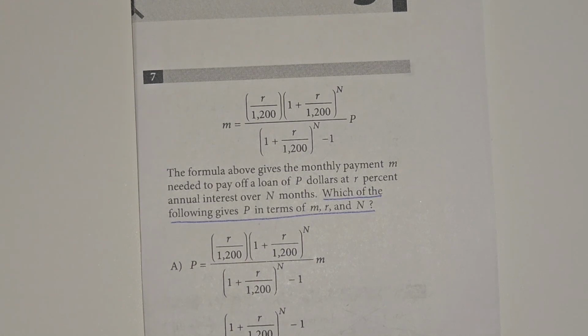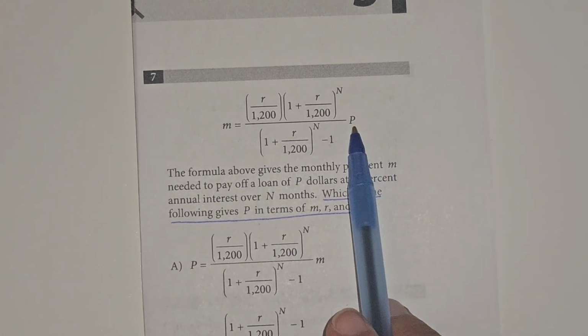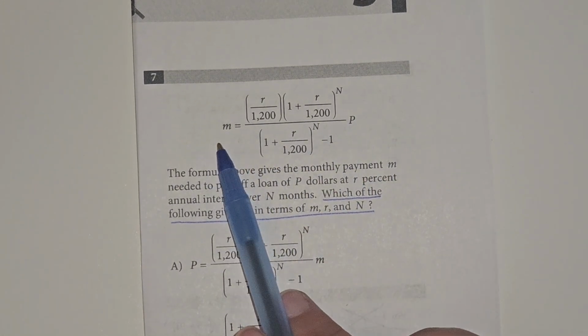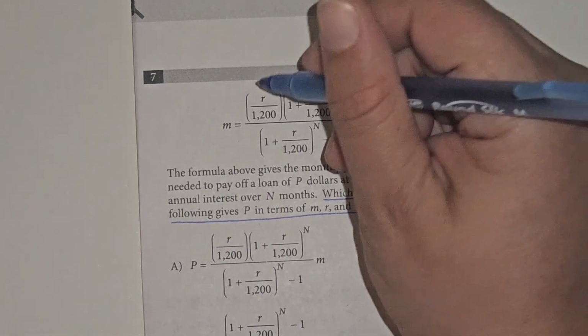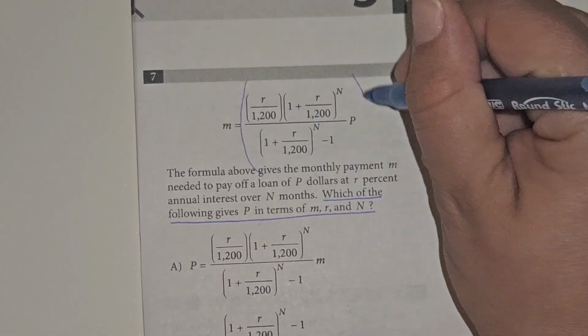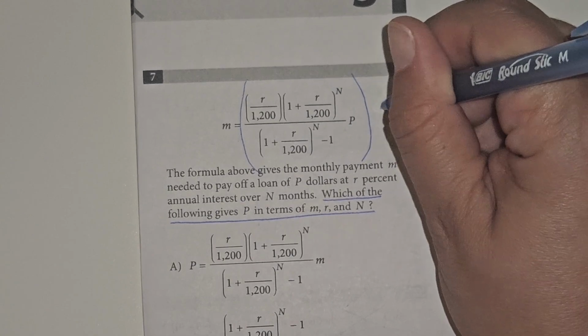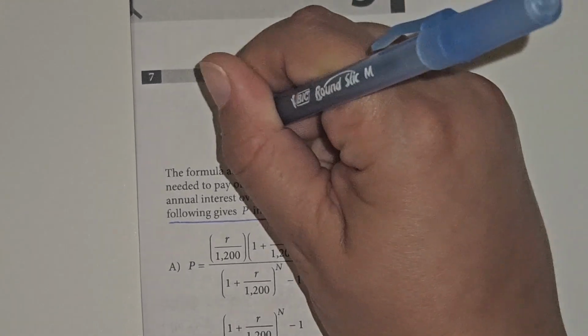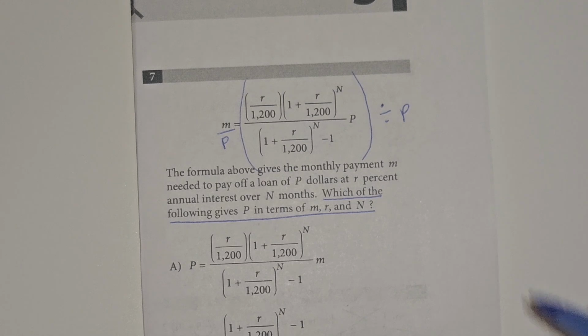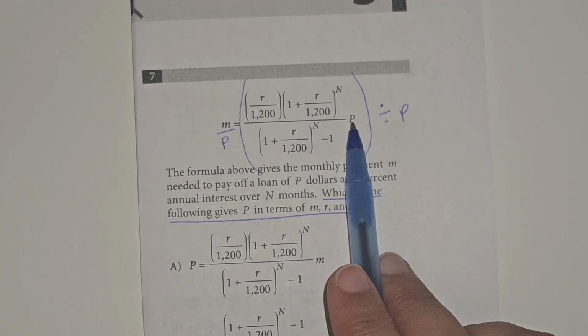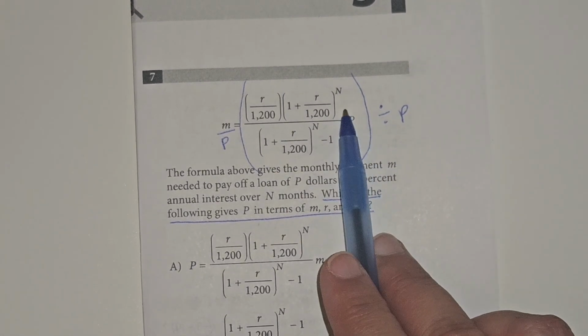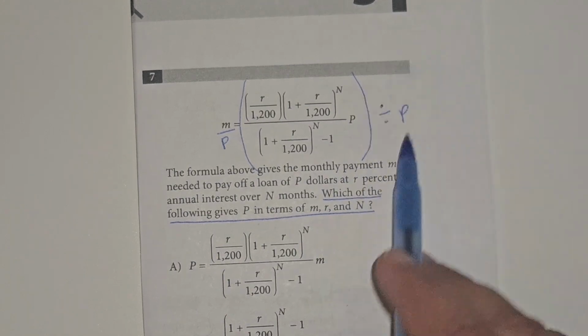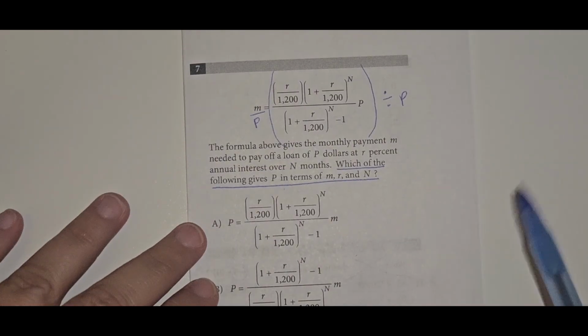So if we have P over here and we need to get it to this side, what we need to do is divide everything by P, right? Because P right now is technically on top here, so we need to eliminate it from this side. Now, we only have so much time here, okay?